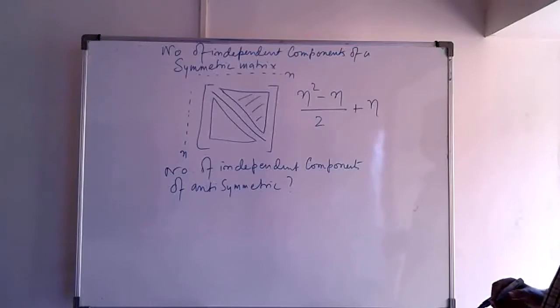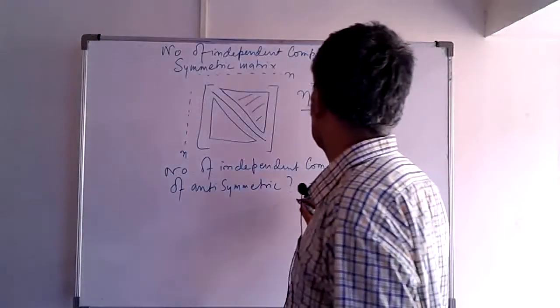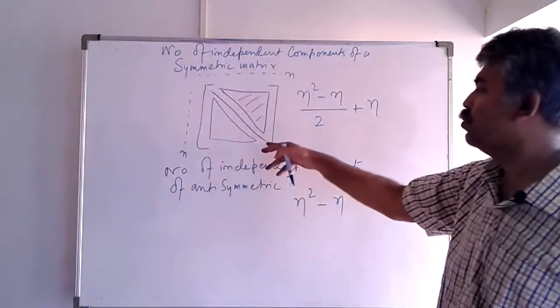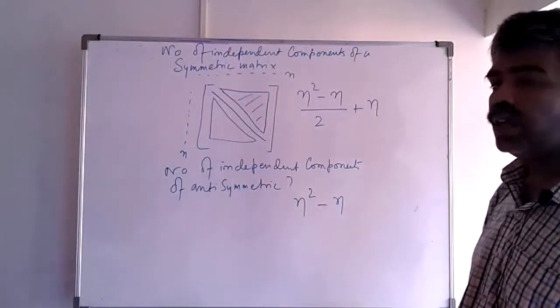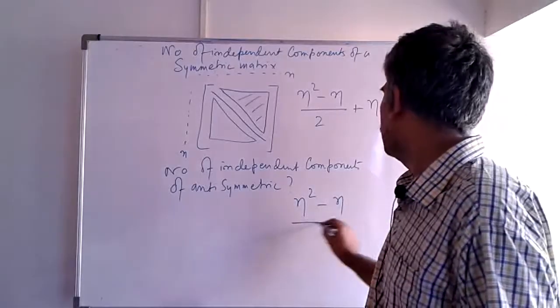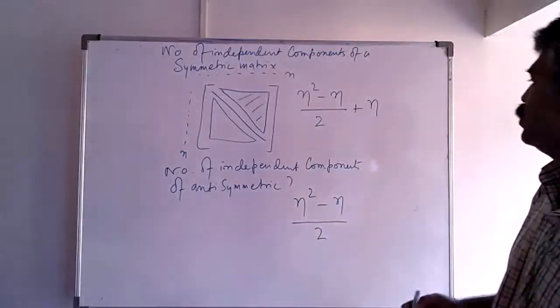Can you just tell me? n square minus n. You take the diagonal off because the diagonal elements of an antisymmetric matrix are 0. Divide by 2.